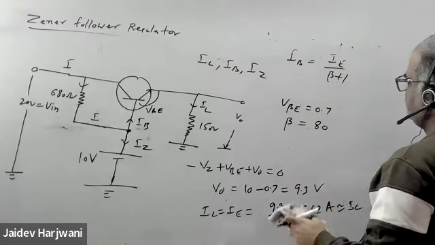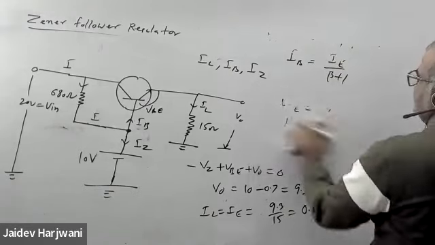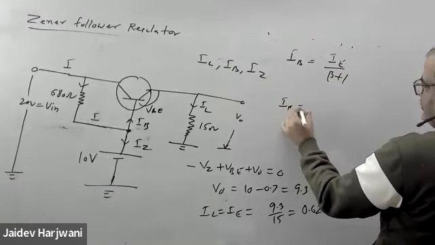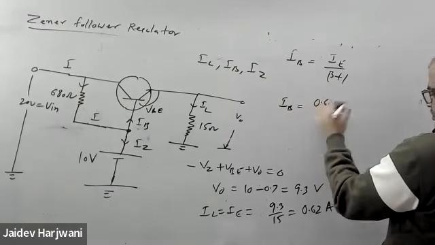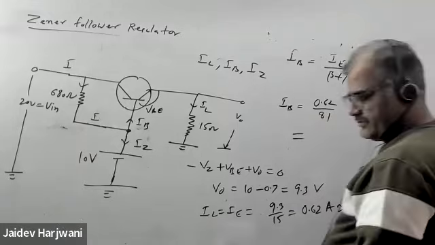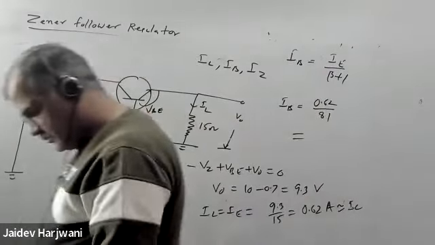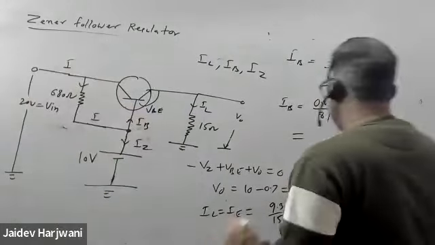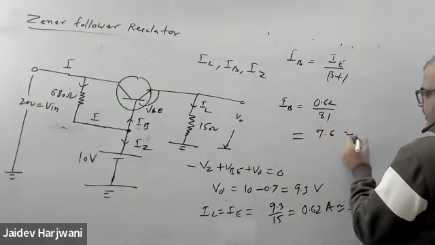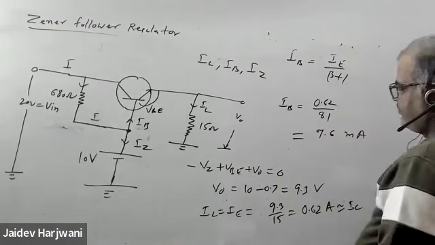So from here you can find the value of IB. IE is 0.62, this is your 81. So how much is coming? 7.6 milliampere. You know IB.